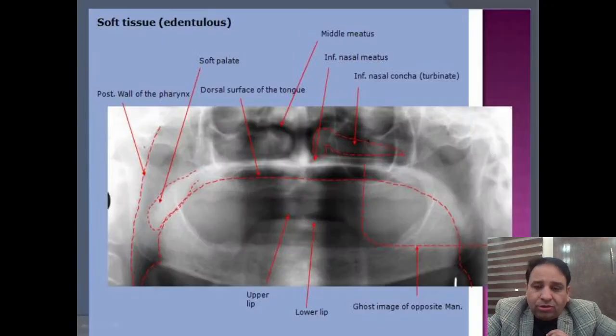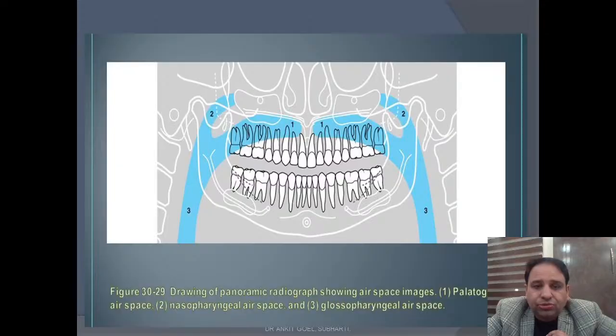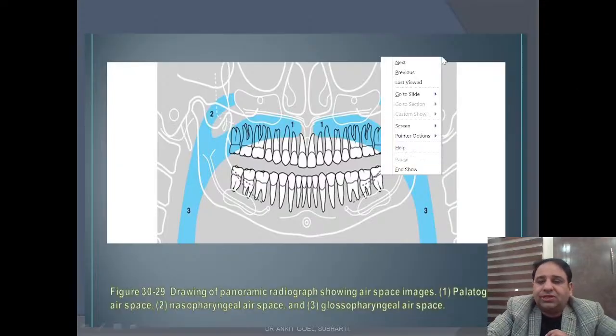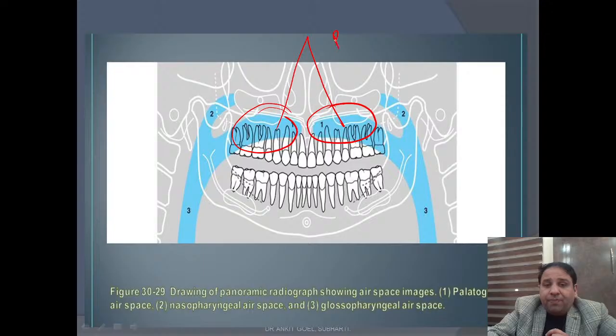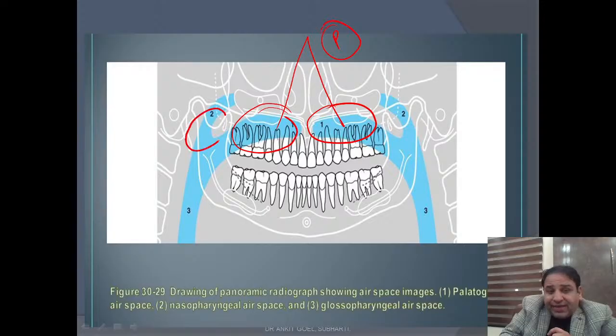Now when we talk about the shadows, I will show you the shadows here. Now you see the shadows clearly and you will understand it nicely, students. So this is your palatoglossal air space, that radiolucent area which I was talking about. Number 2, crossing the neck of the condyle, this is your nasopharyngeal air space.